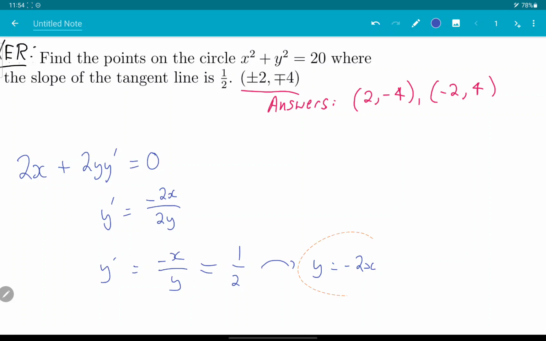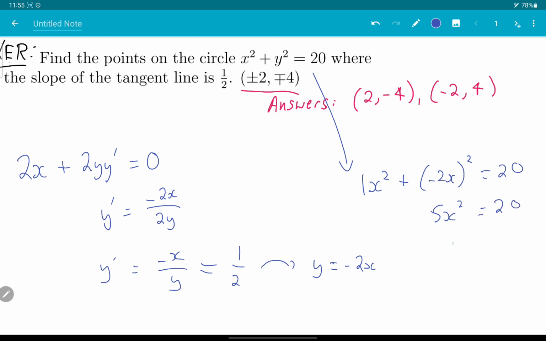And I'll take that and plug it in to my original. Equals 20, and what am I getting here? I'm getting 1x squared, and then plus 4x squared is 5x squared is 20. So x would be plus or minus 2.